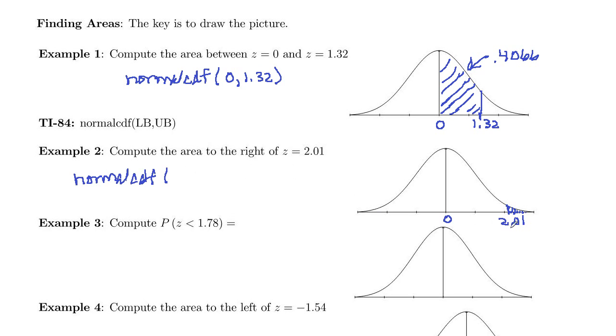And our lower cutoff is going to be 2.01. And our upper bound or upper cutoff, well, this actually goes out to infinity here. But we'll just put in a large positive number, like 10,000 should be enough. And let's go ahead and compute that.